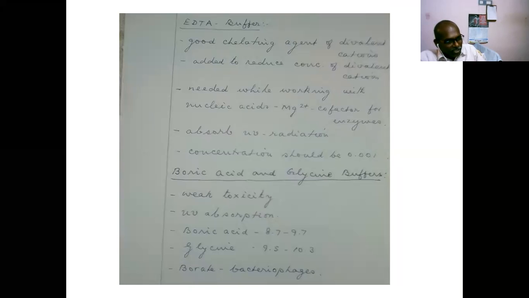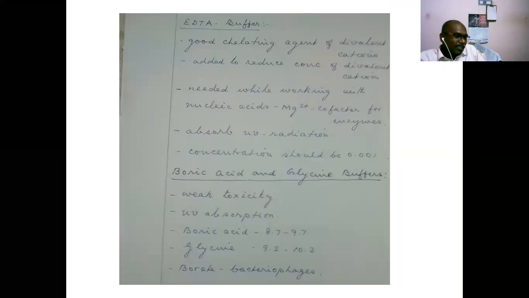And this is very much needed while you are working with the nucleic acids, because Mg2 plus ion is also a divalent cation, which is a cofactor for many enzymes, which can be chelated using the EDTA buffer. Therefore, while you are working with the nucleic acids, this EDTA buffer is preferable.